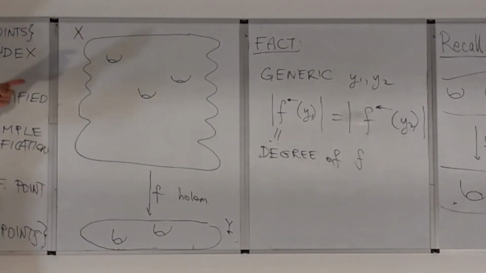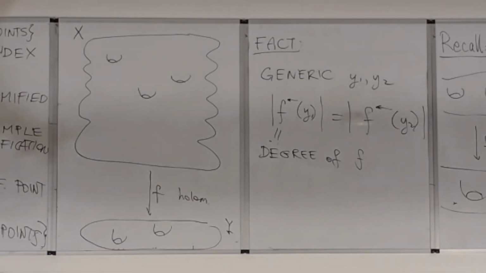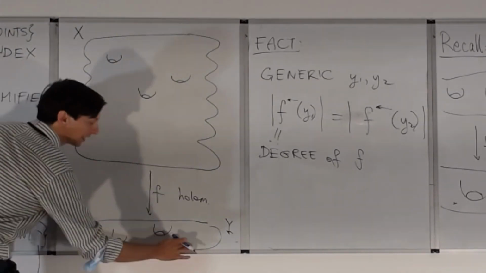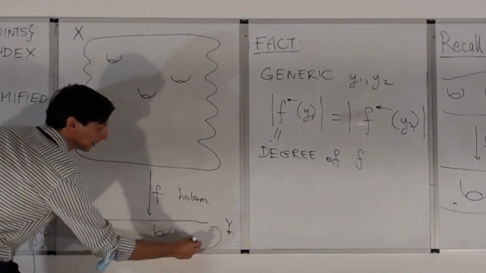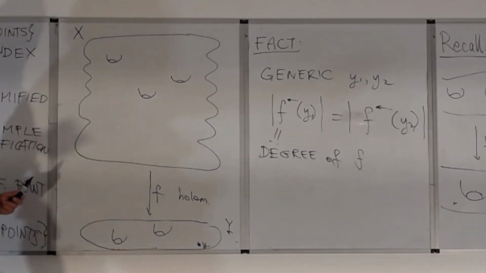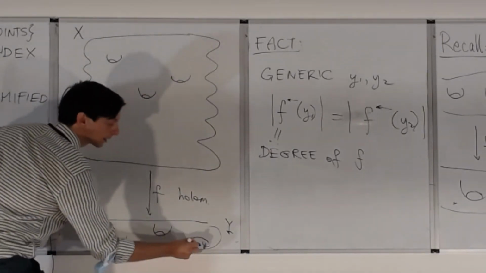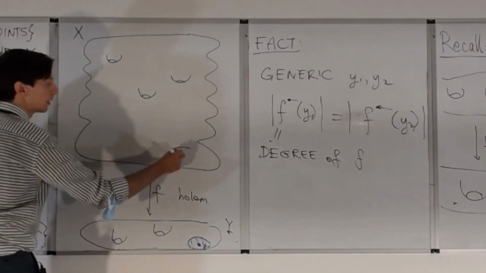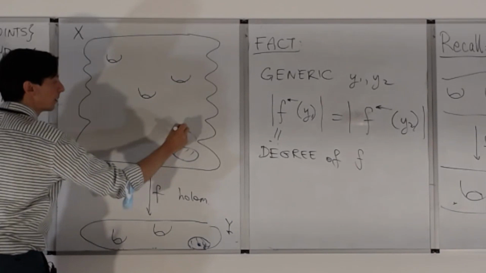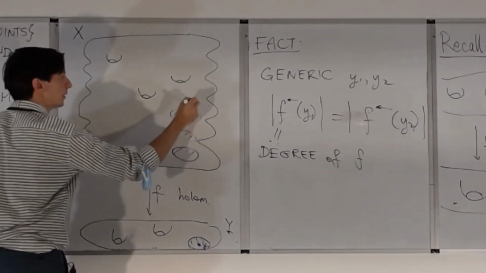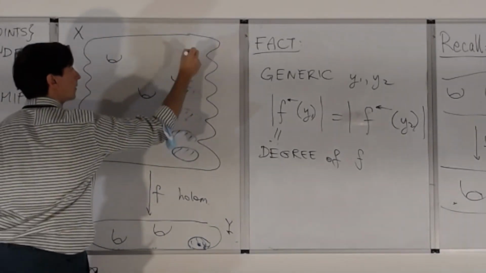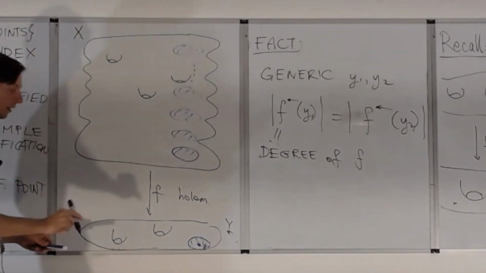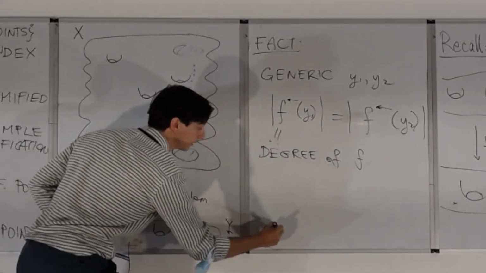And then if I collect these facts together, if I take a generic point here that I call Y, and if I look at a little disk around this point, when I lift it upstairs, I will find a certain number of disks. So this is what happens generically.